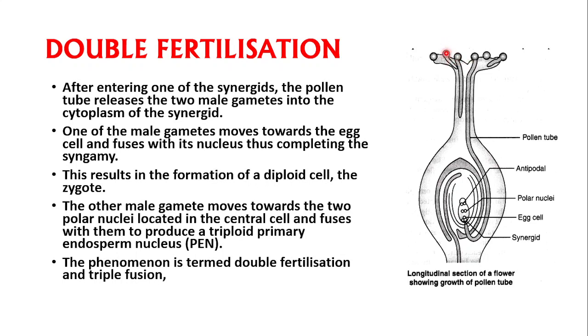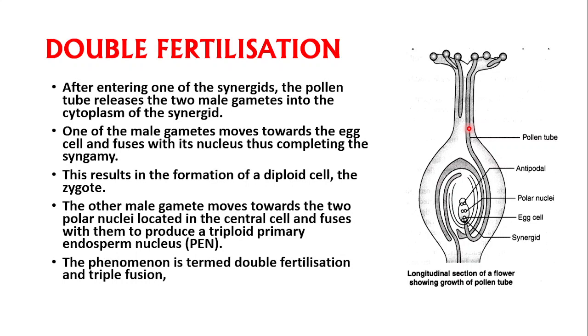When the pollen grain starts germinating, it produces an elongated tube-like structure called the pollen tube. Through this pollen tube, the male gametes will be released. How many? Remember that 2 male gametes will be released through the pollen tube.